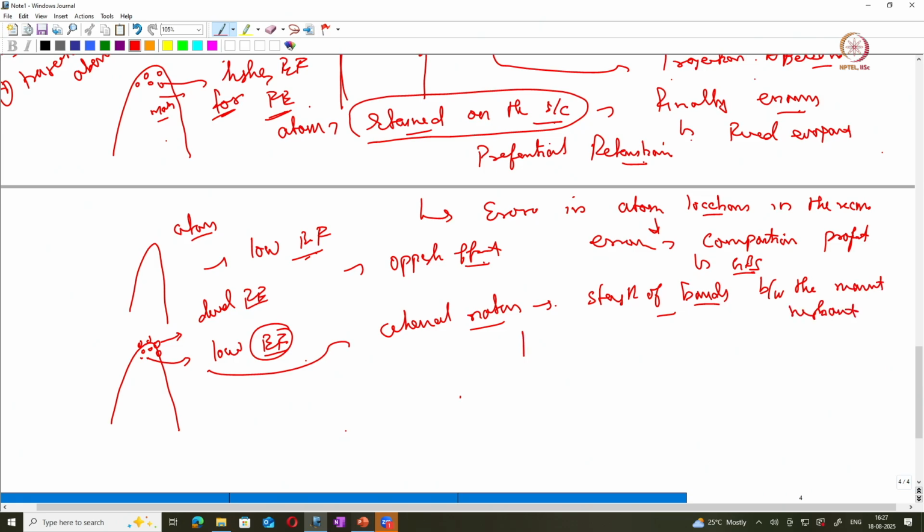Okay, and this particular aberration, we also call a chromatic aberration.